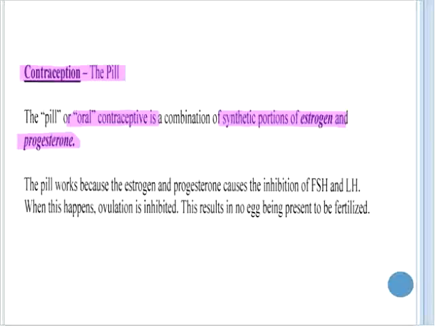The reason the pill is effective as a means of birth control is because the estrogen and progesterone that are taken inhibits FSH and LH production. In the absence of FSH and LH, ovulation will in turn be inhibited. As a result, no egg will be present that can be fertilized.